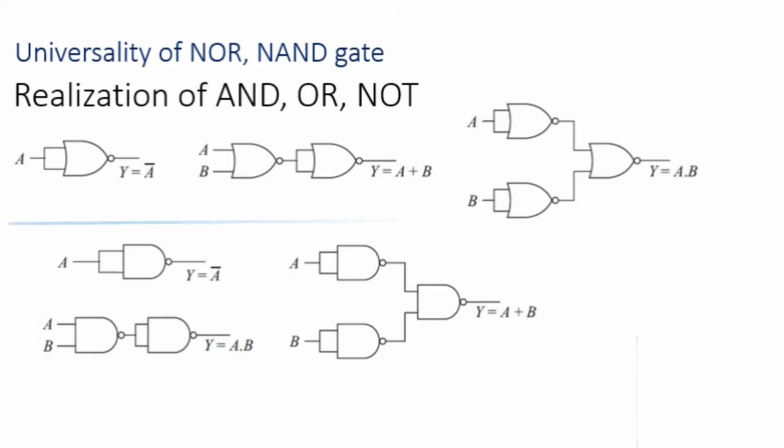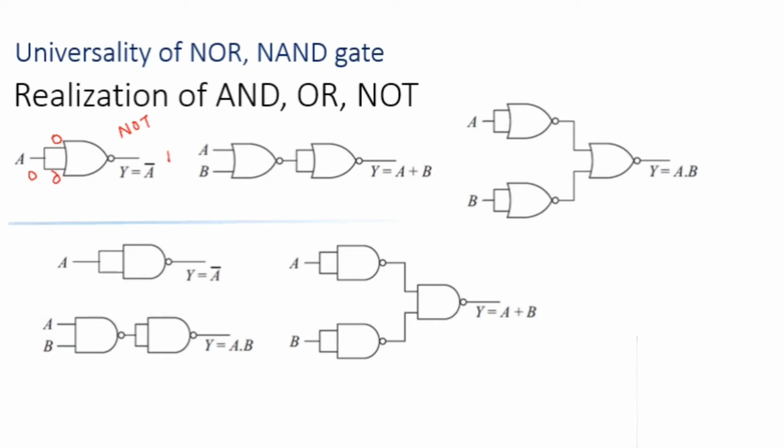So now coming to the universal nature of NOR and NAND, that means all other gates can be designed using NOR and NAND gates. So this is the simple NOT gate. This is NOT gate using NOR gate. So if I apply a 0 here, both these inputs will be 0, and if in a NOR gate both the inputs are 0, output will be 1.